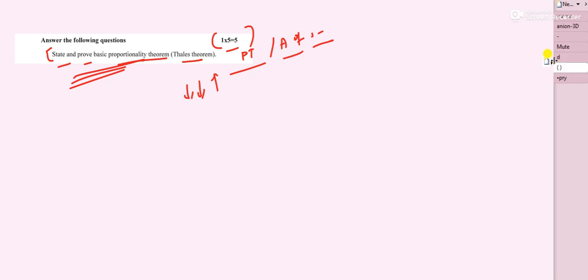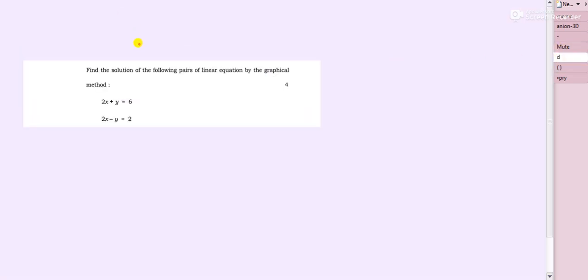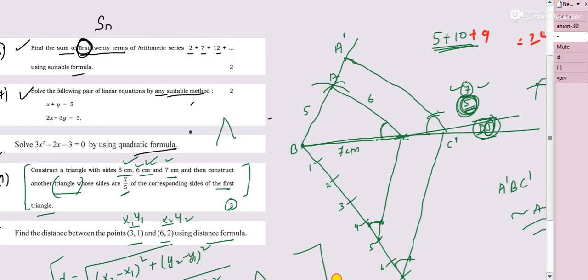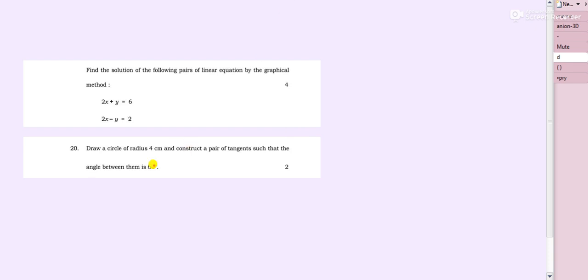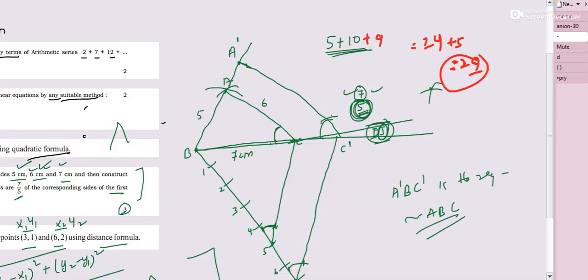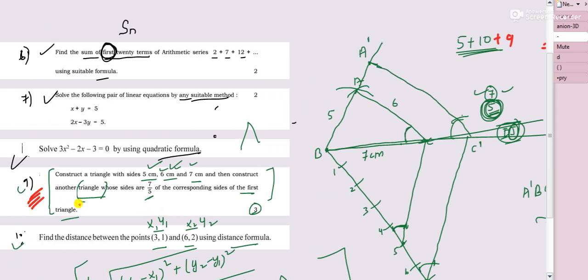But still, without taking risk, let me solve one more for our extra advantage. But this is for 4 marks. I think I have missed something. Just a minute. Okay, so I had missed this question of 2 marks. And this, as I told earlier, was a 3 marks question from construction.